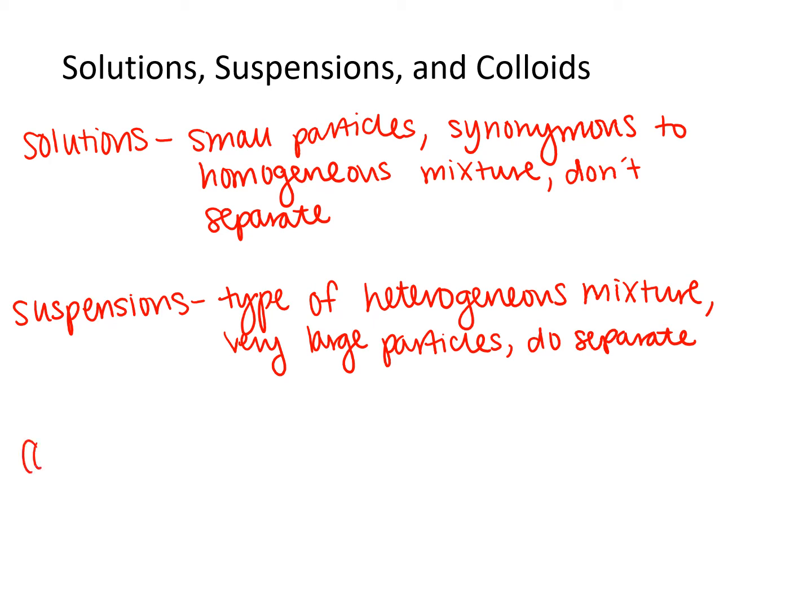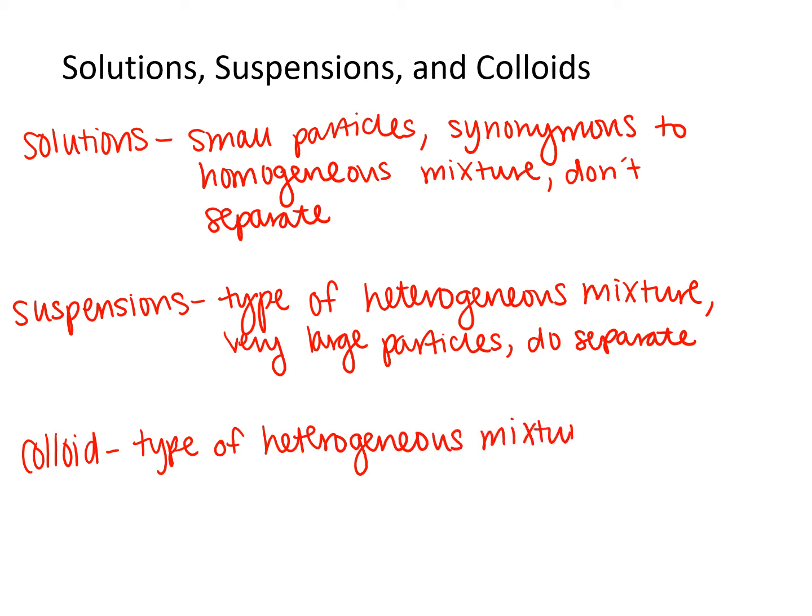And the last one is what we're going to call a colloid. So colloids are also a type of heterogeneous mixture. These mixtures are going to be made up of medium-sized particles. So they're going to be bigger particles than what we're going to see in a solution, but not quite as large as what we're going to see in a suspension.